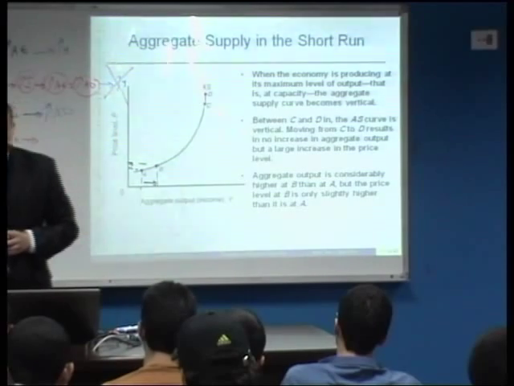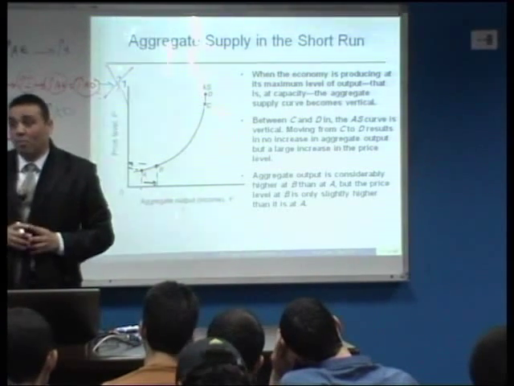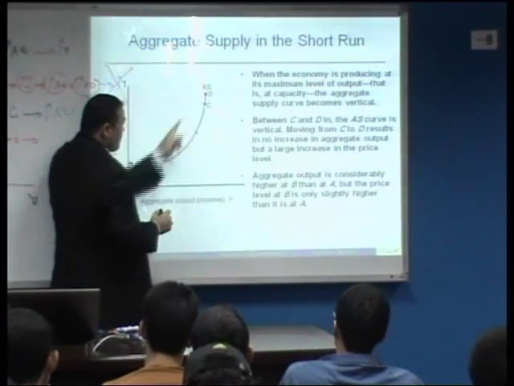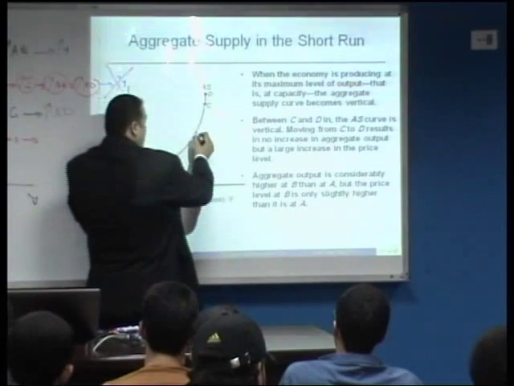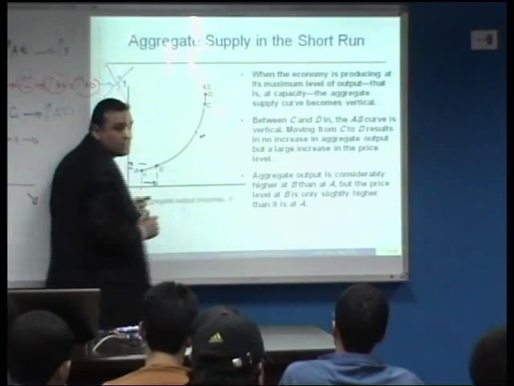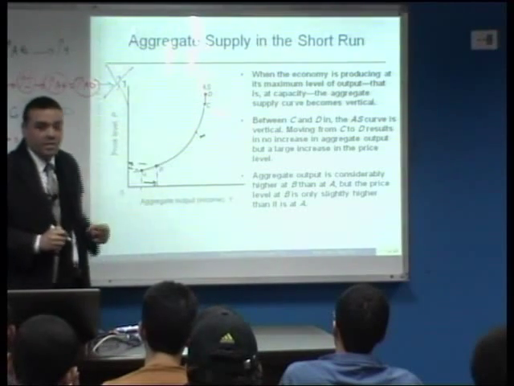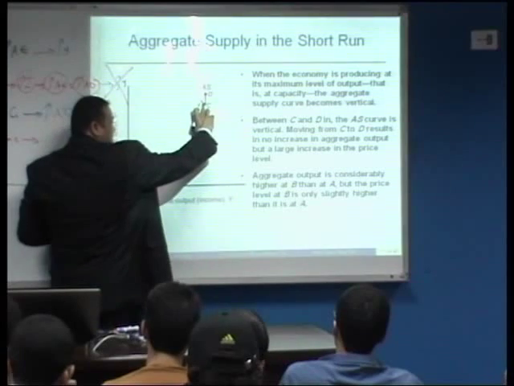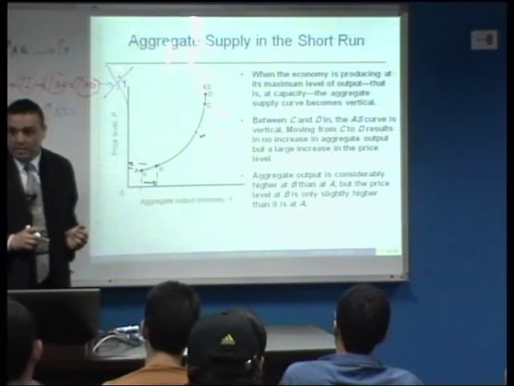So the fiscal policy and the monetary policy would be more effective than from B to N, or from C to D, or from M to C. From M to C here, you can see that the aggregate supply curve is less elastic than from A to B, right?